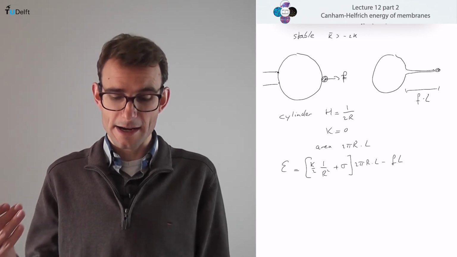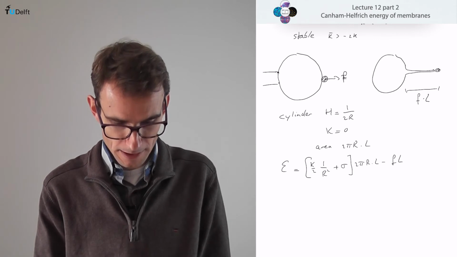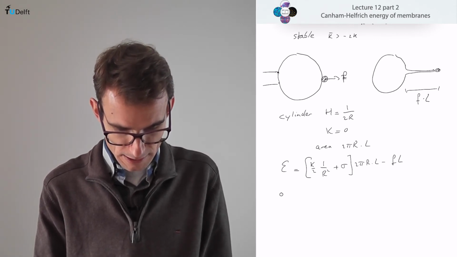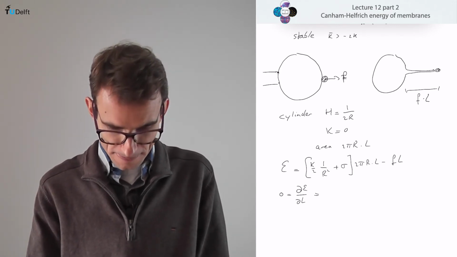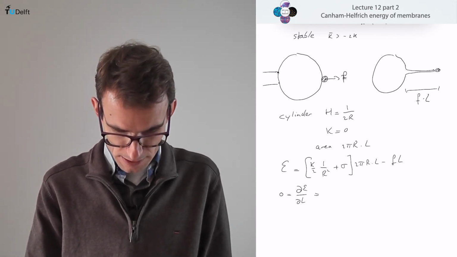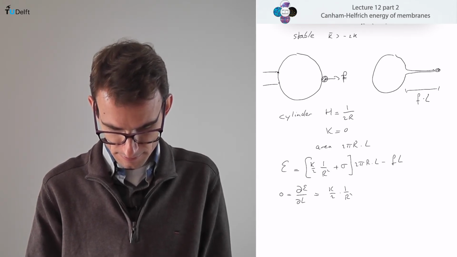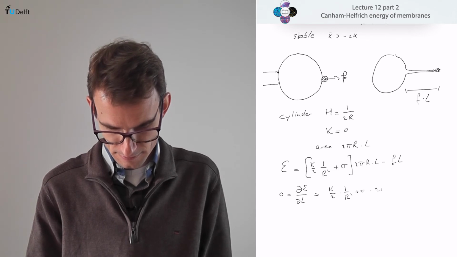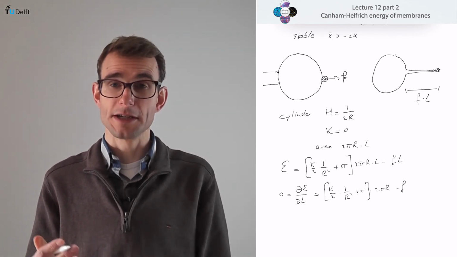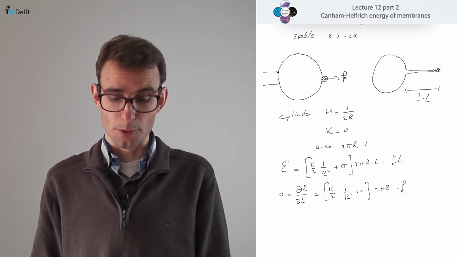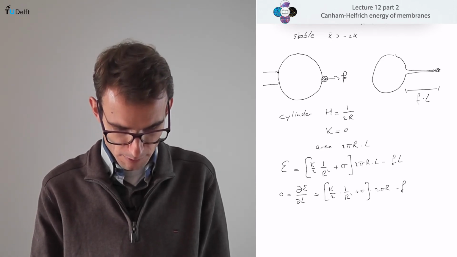We have an r and an L variable, and both derivatives should be 0. So we have that 0 is the derivative of E with respect to L. That's an easy one. That gives us this whole thing minus F equals 0. So this gives us a way of calculating what this force should be if we know the radius. And of course the radius we're going to get from the other one.